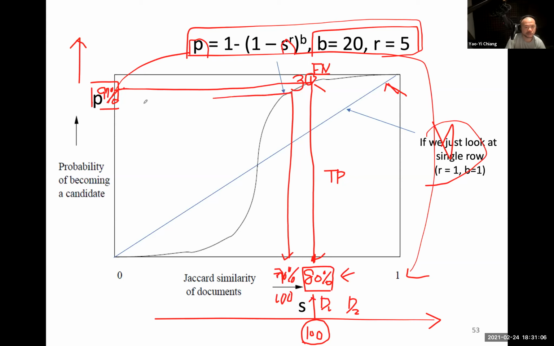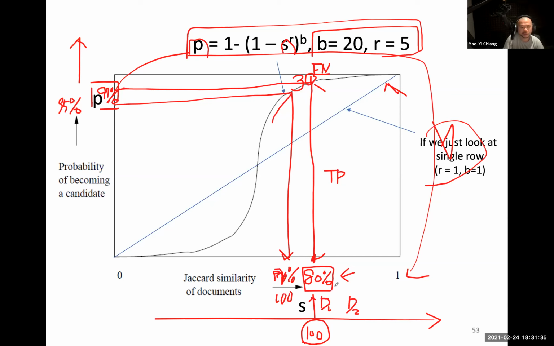And let's say this number is 95%. So what's the length of this line? Yeah, I will tell you with this example. So the question is why FNs, not FPs. So bear with me here.